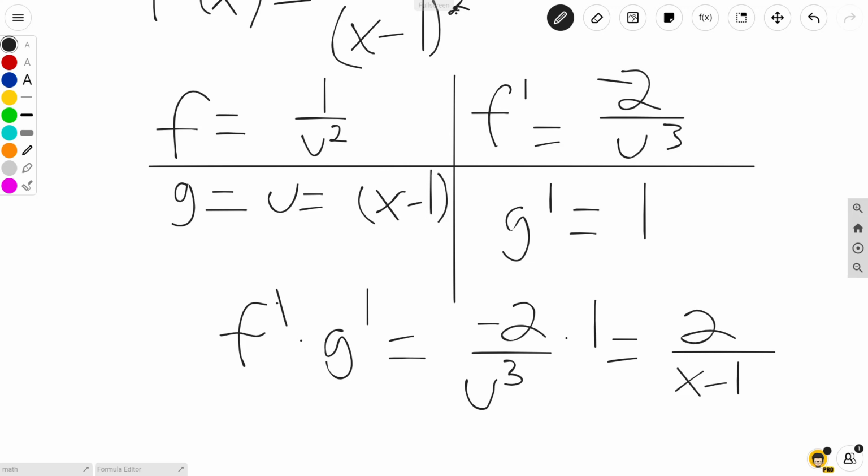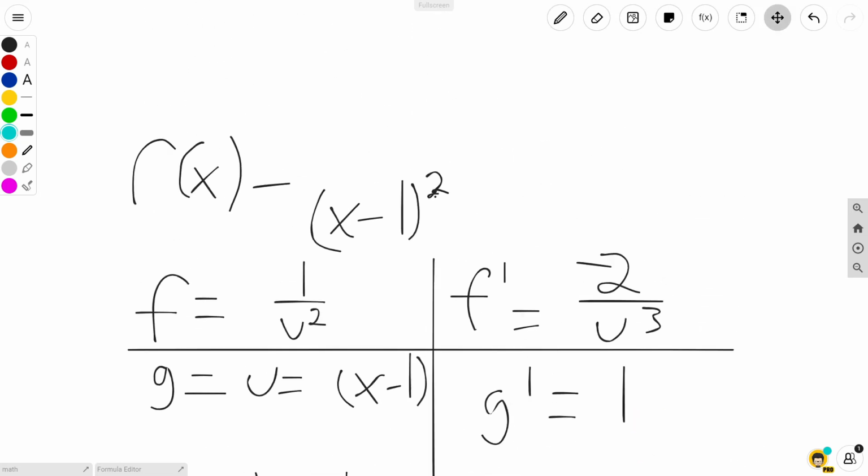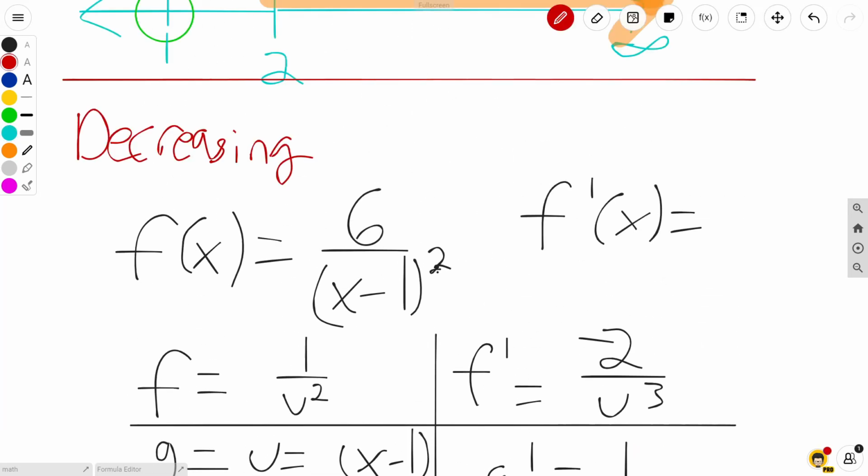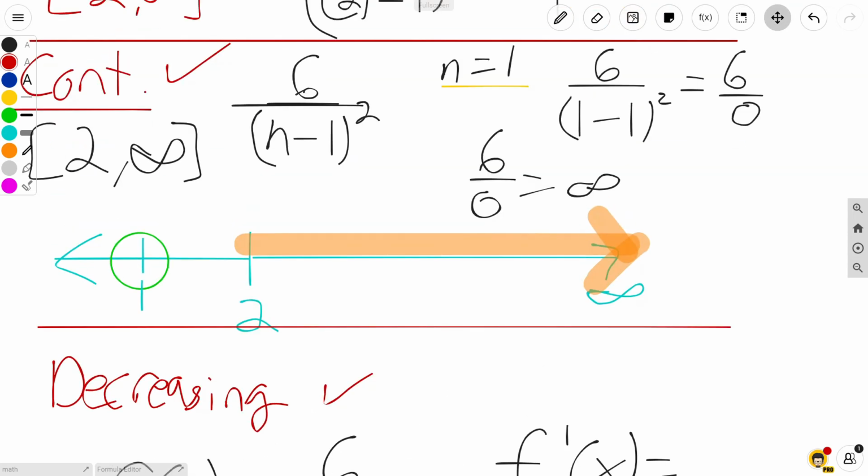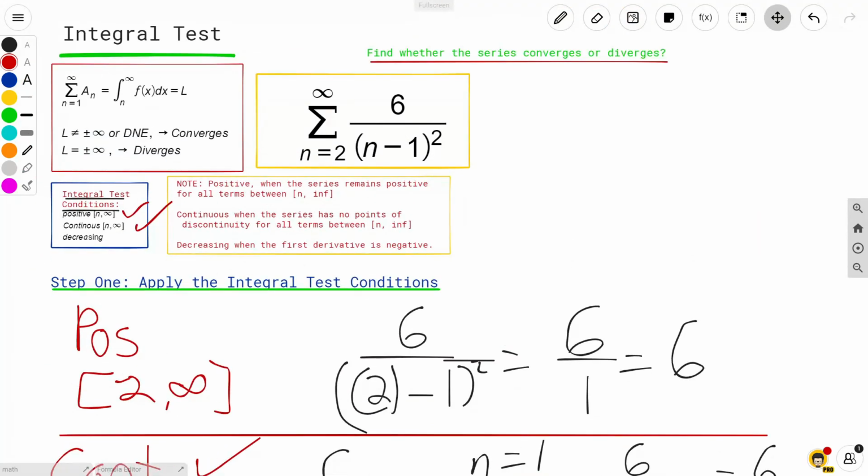Oh yeah, by the way, that's a negative 2. Why? Because it's in the denominator. I forgot to take that into account. And very, very important. Why? Because this negative sign implies that this function is decreasing. We have checked off all 3 conditions for the interval test.